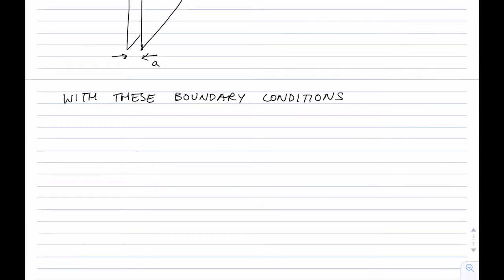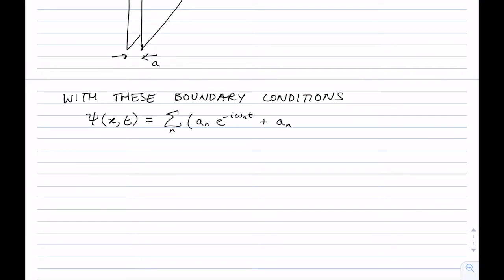So with these boundary conditions, I can write the wave function in 1D, so just x and t, or z and t or whatever, as a sum over n. And what I'm going to do here is I'm separating out the spatial part from the time part.